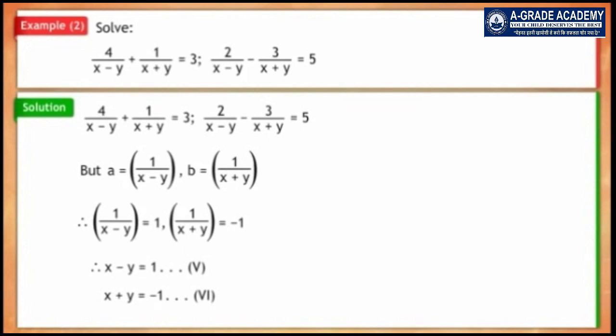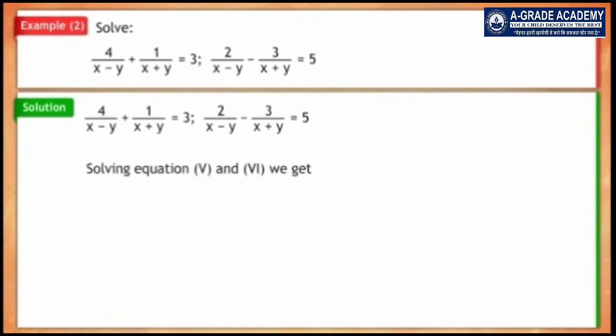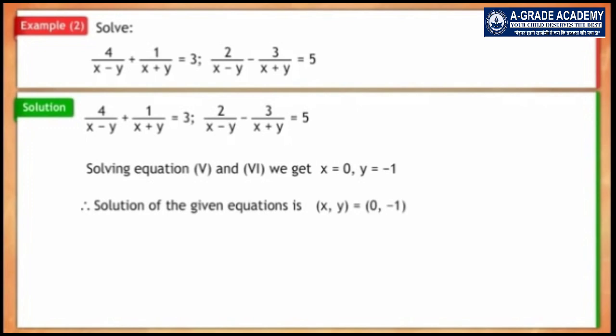This is our equation number 6. Solving equations 5 and 6, we get x is equal to 0 and y is equal to minus 1. Therefore, the solution of the given equations is (x, y) is equal to (0, minus 1).